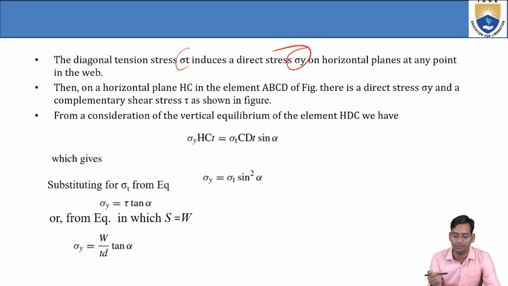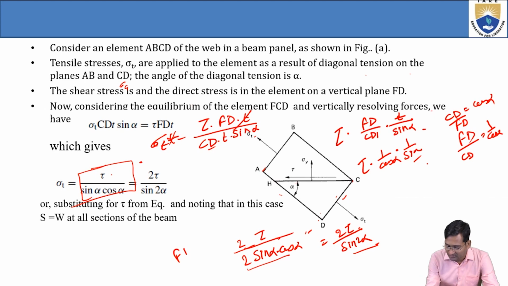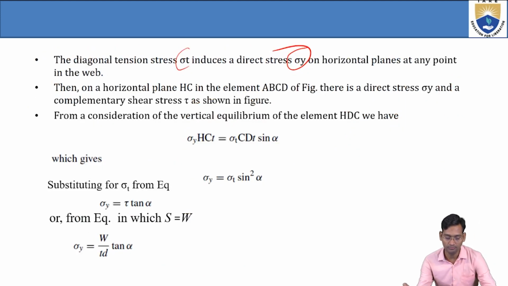First what we have taken, we resolve forces vertically, horizontally, along the sides. Now along the planes. Then on a horizontal plane HC, in the element ABCD of the figure, same as the previous figure, there is a direct stress sigma Y and a complementary shear stress tau as shown in figure. So see here, sigma Y is generating here and a complementary shear stress is tau.